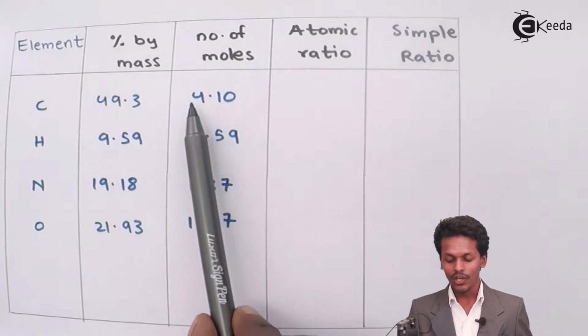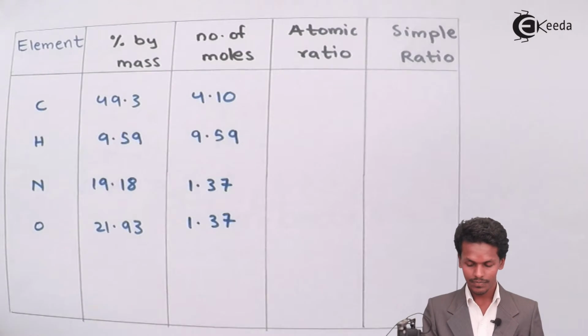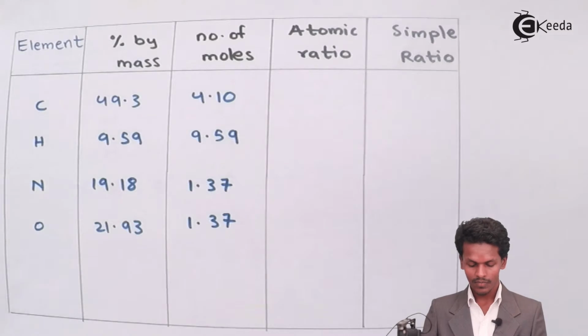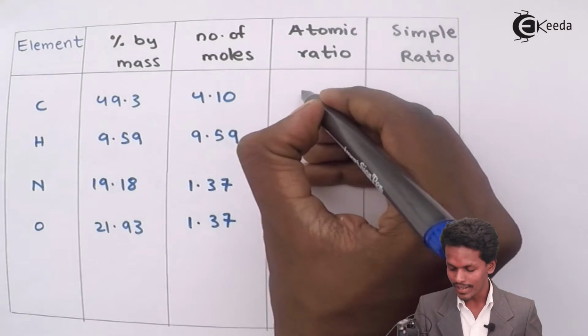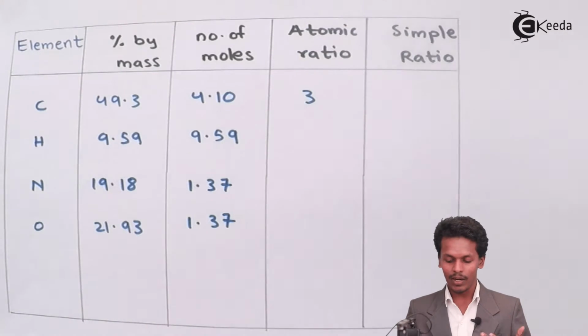Suppose I divide 4.10 by 1.37, then let us see what is the answer. We have got 2.99, basically I could write it as 3.